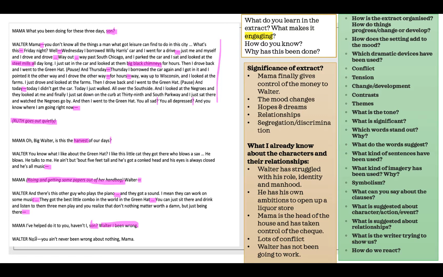Now, because it kind of draws him out of this, we could argue that perhaps this is a turning point in the extract. And if it is a turning point, then we want to be able to talk about that. Maybe the mood changes here, or maybe there's a contrast. So he suddenly does respond. No, you ain't never been wrong about nothing, Mama. So we have this repetition here. So they both repeat the same word.